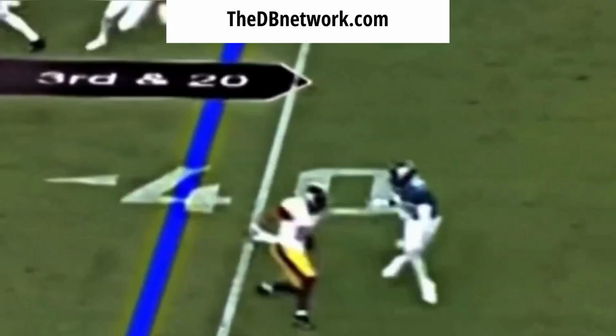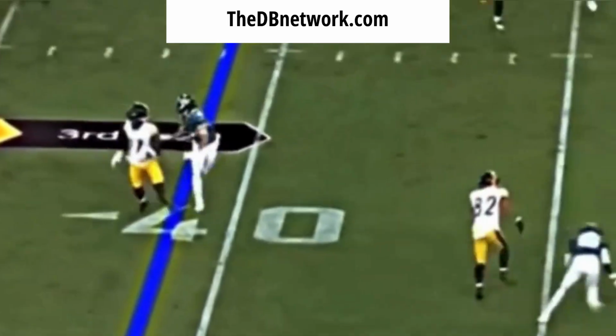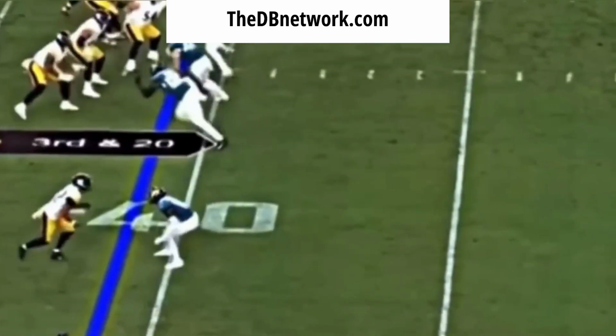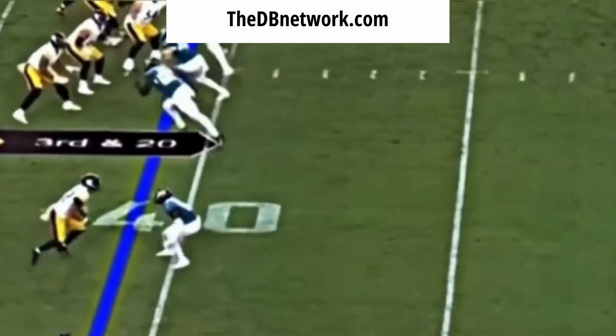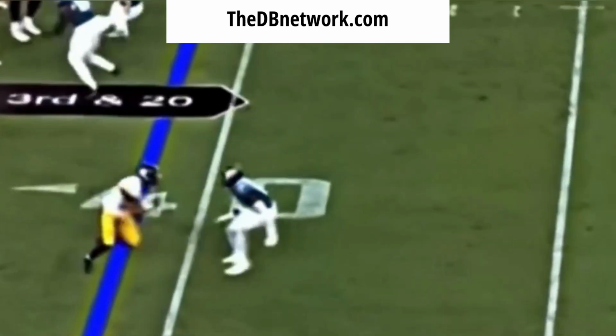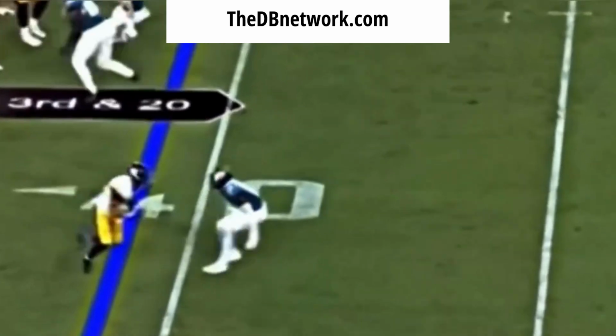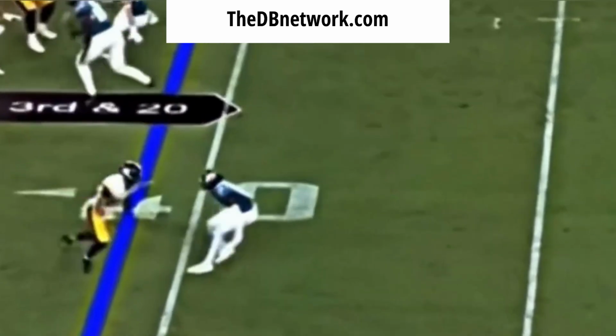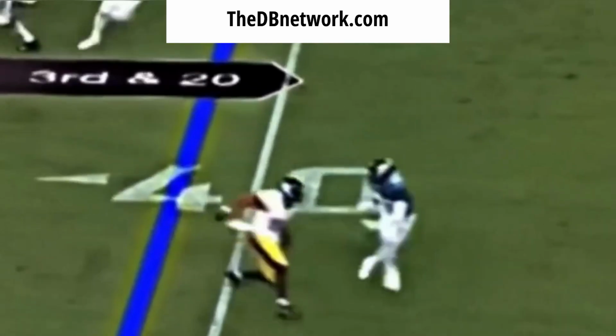So now when we get broken off, this is what happens, okay? Again, I'm not too concerned with this first step. I am concerned with this. When we're supposed to kick step, look at our feet. Our feet get crossed. And now when we get the outside release, we cross.